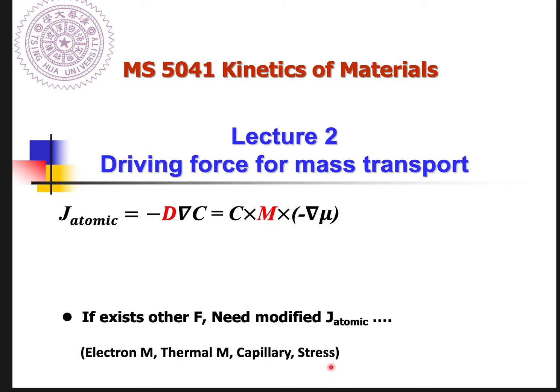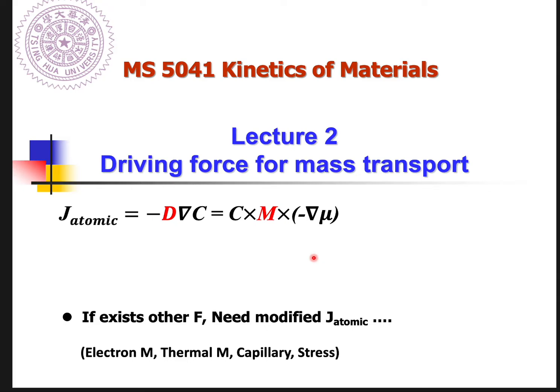So in space, there's definitely a chemical potential gradient, right? And if there are some crystal imperfection sites, for example dislocations, they cause a localized stress field. This stress field also affects the chemical potential of the atom.